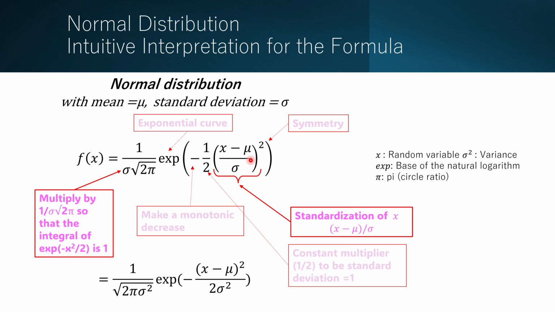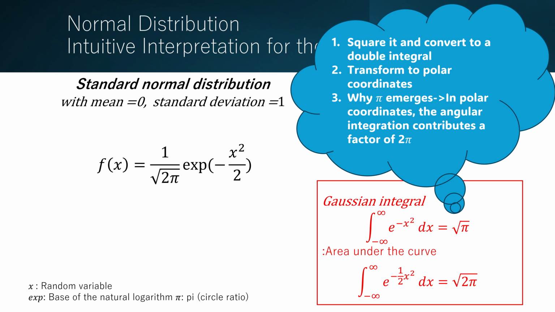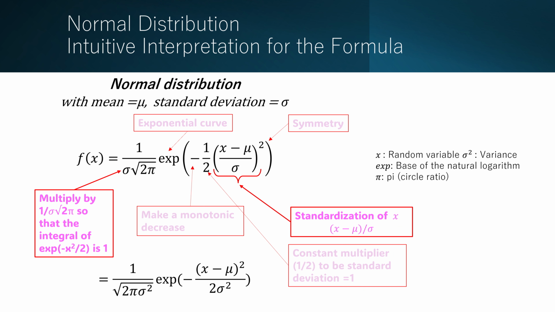Firstly, think about mu again. Mu is shifting the curve left or right. It's just moving the center, like sliding the entire bell curve along the x-axis.